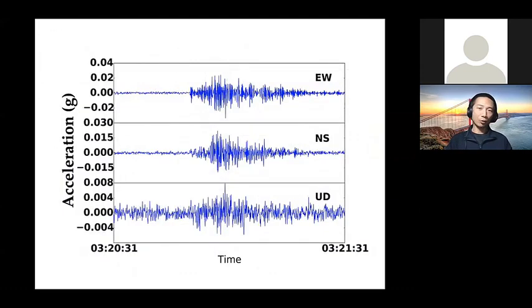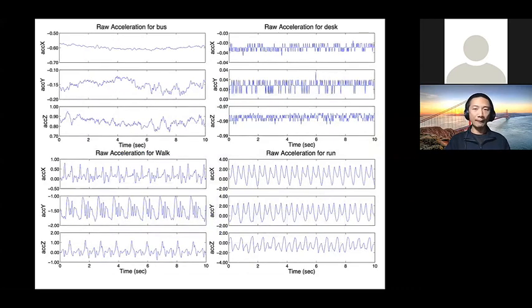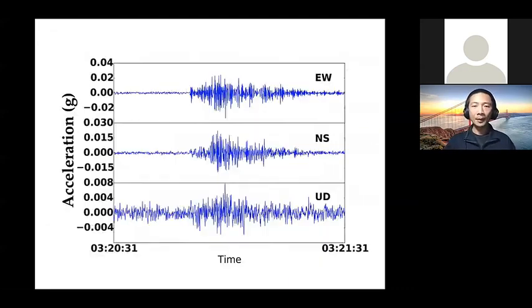By eye you can see the difference between them in terms of the periodical signal, the amplitude, the general shape, and so on. Now we need to capture these features that best characterize these two types of motion: one is human motion, one is earthquake motion.